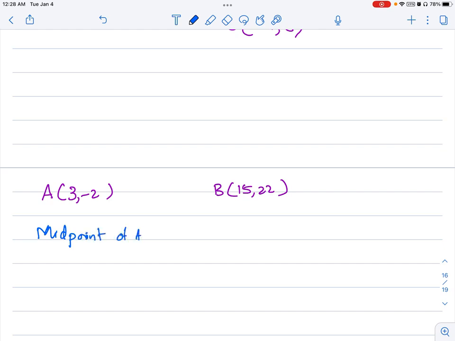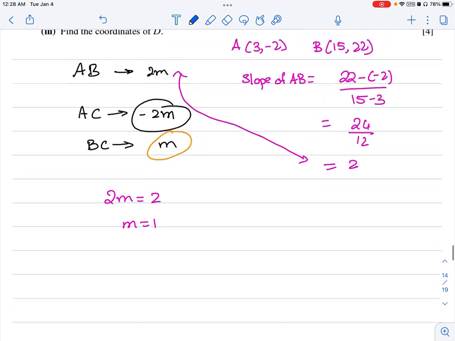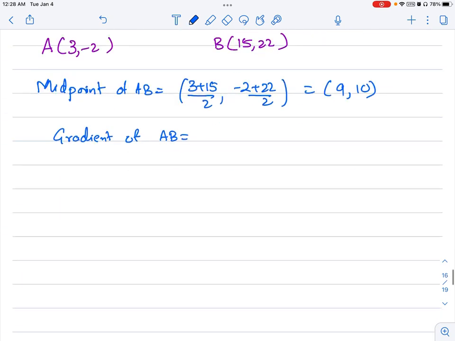Midpoint of AB, which is x1 plus x2 upon 2, y1 plus y2 upon 2, which becomes 9, 10. Then gradient of AB. AB's gradient is 2, but I want the perpendicular gradient. So the perpendicular gradient will be minus 1 upon 2.